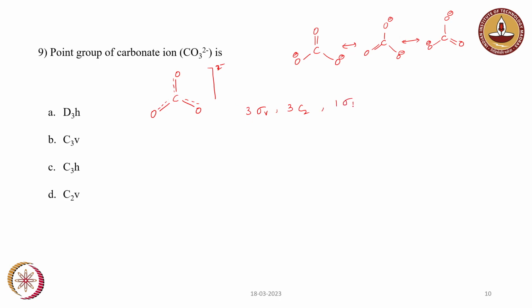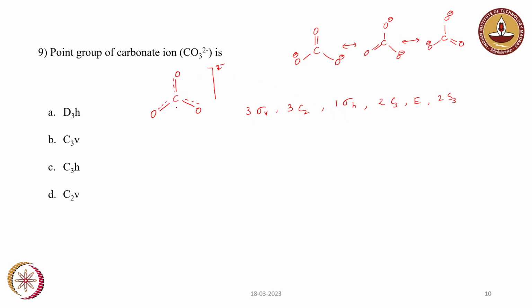One horizontal mirror plane will be present. Then two C3 axis will be present. Then there will be identity and two S3 will be present. So you will be familiar with these notations in group symmetry. So if you don't know it, that's not an issue.